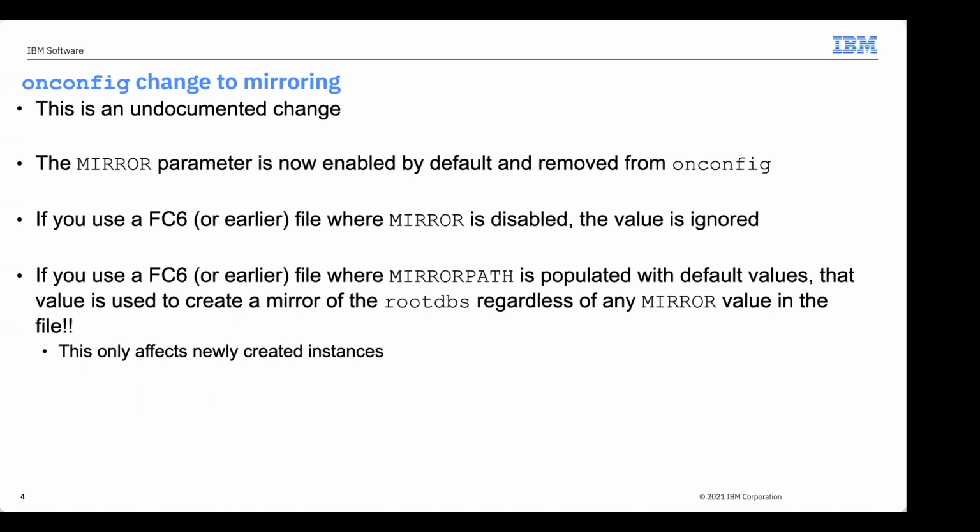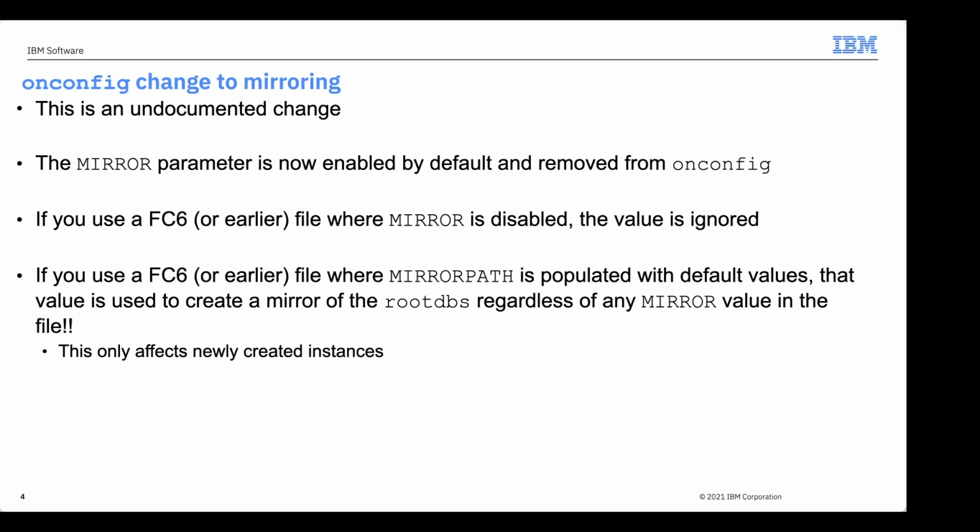What is interesting though, is that MIRRORPATH, which used to be populated in earlier versions of the onconfig, is now null. So in the FC7 onconfig.std, you will see that MIRROR is gone and MIRRORPATH is empty.